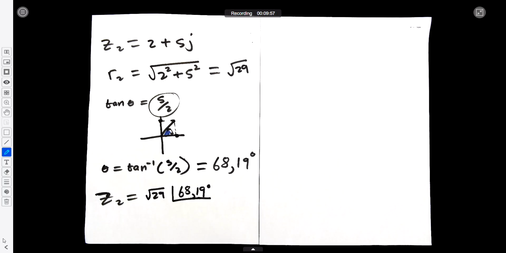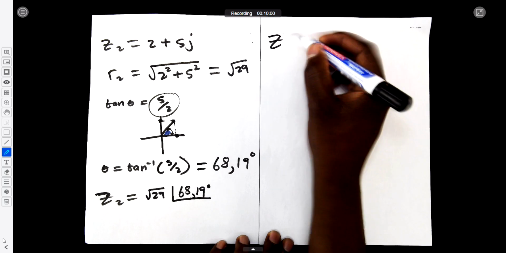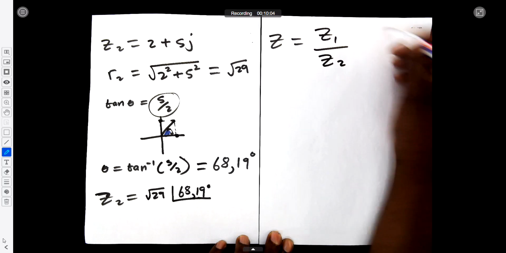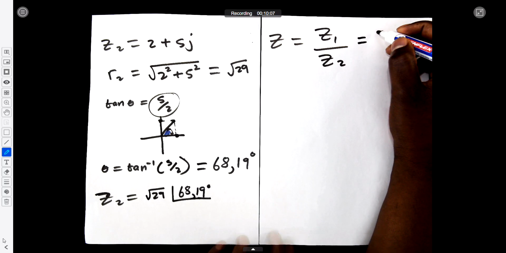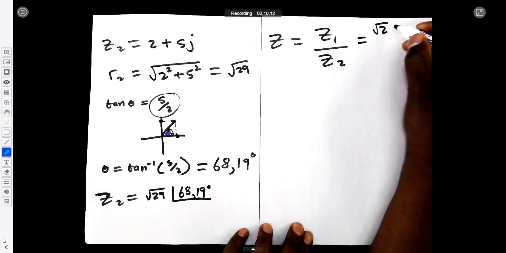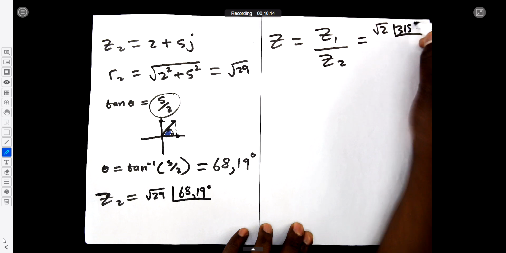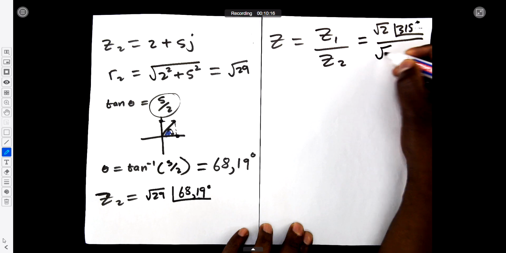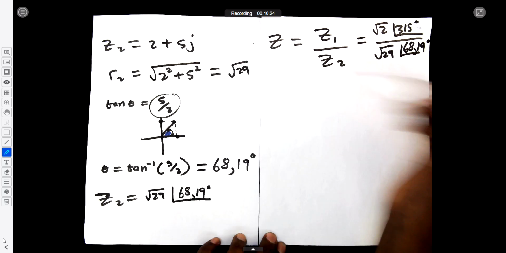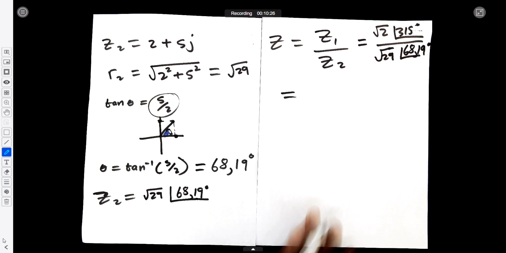So in polar form, let us divide. Now our final Z will be equal to Z1 divided by Z2. So Z1, we said it is root 2, argument 315 degrees, all divided by root 29, argument 68.19. So the answer will be equal to, just divide root 2 over root 29 because we're dividing.